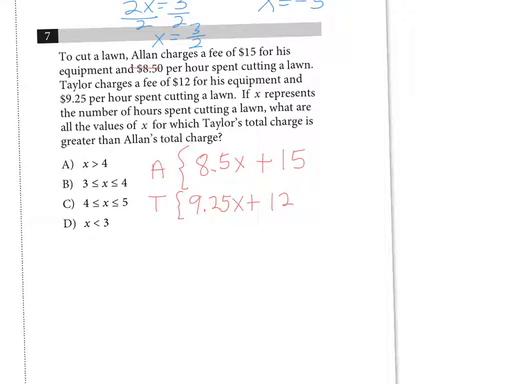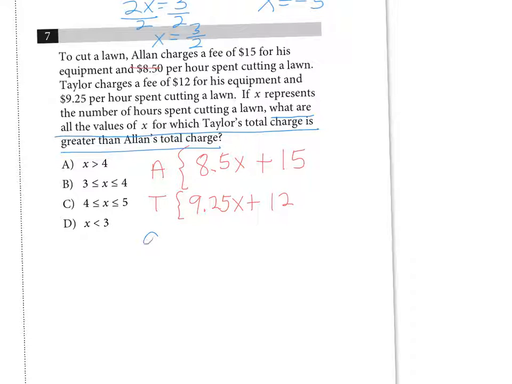And over here at the bottom it says, if x represents the number of hours, what are all the values of x? So after the comma, underline, because that's what you need to answer. So answer the question asked, please, okay? So what are the x values for which Taylor is greater than Alan's?